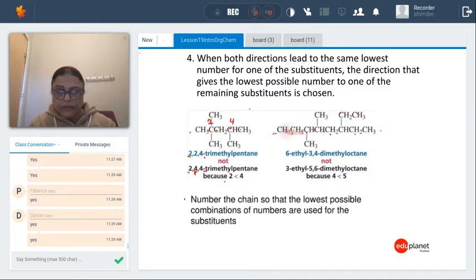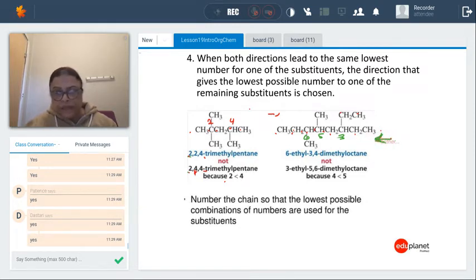So how do I count? Do I count right to left or left to right? That is the good question. So now let's see. 1, 2, 3. This is position 3. 4, 5, 6. So this is when I count this way.